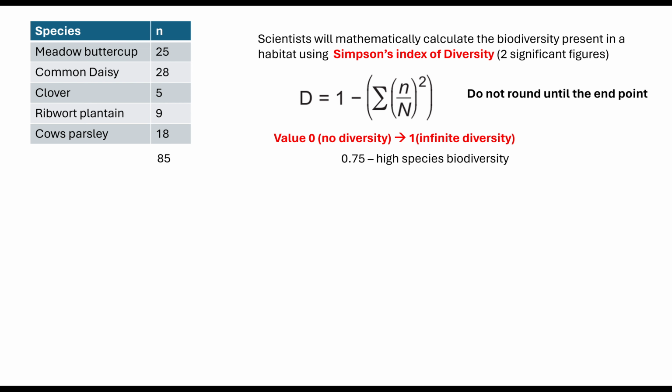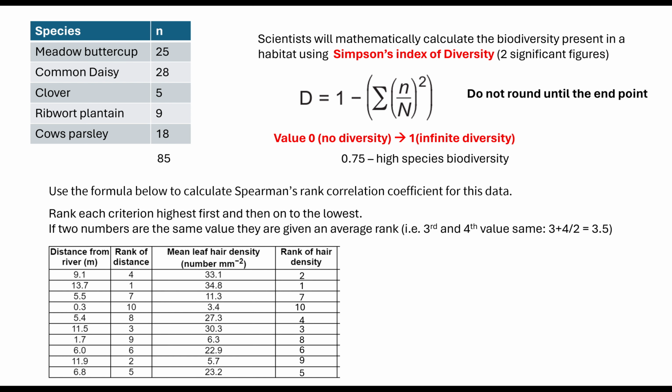What they could also do is ask you to use a Spearman's rank correlation coefficient for data. So they may give you a set of data to do with collecting and sampling, and if they do that, they want you to use Spearman's rank correlation coefficient.